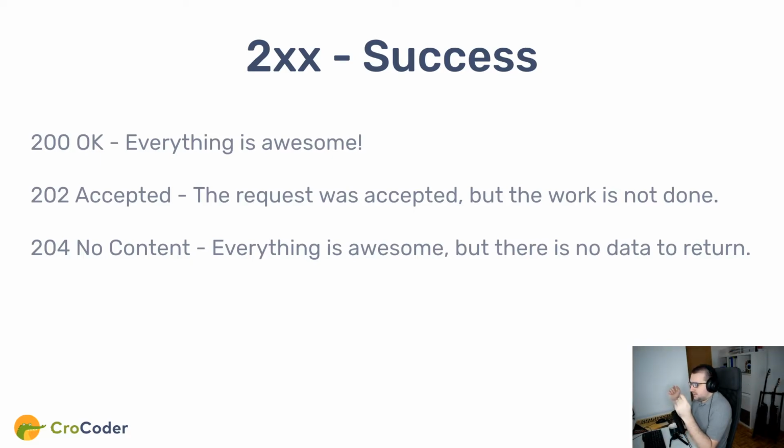It says the request is totally fine, everything went fine, but the code in the backend is still working on something, or at least I'm not sure if it's done already. 204 is when you're returning an empty message, without any JSON or text; you just put 204 with no content. That's really useful when you're deleting a resource. Let's say you delete a person, and it says, okay, everything's fine, 204, but I returned no content.